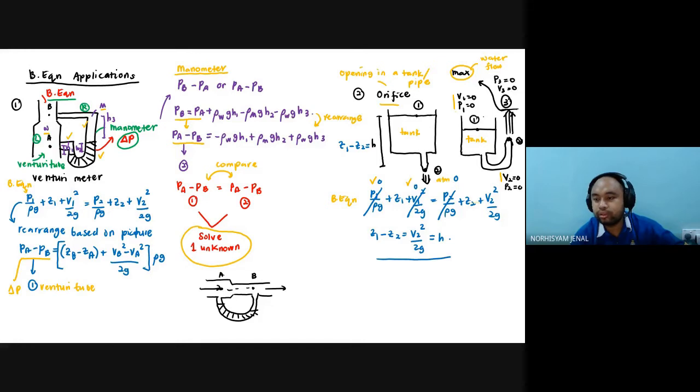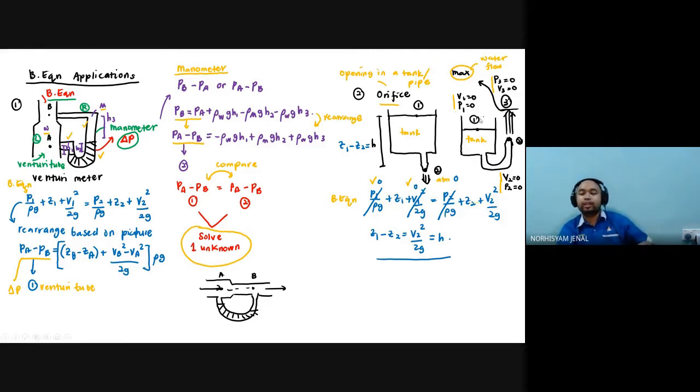P2 is also equal to 0. Why? Because it is emitting to the atmosphere. Alright, and then here you will have number 3, P3 is equal to 0. V3 is also equal to 0. Why? Because this is at the maximum water flow rate, where after that the flow will come down.